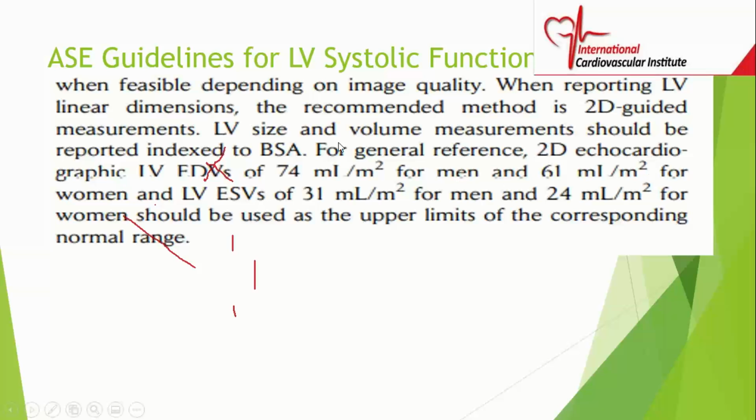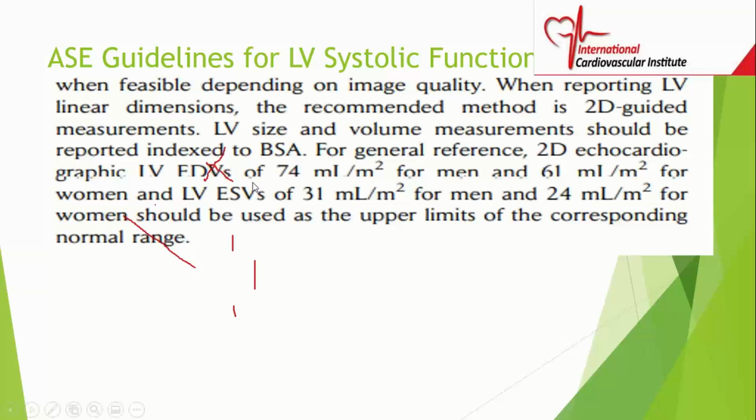The normal left ventricular end-diastolic volume for males is about 74 mLs per meter squared, and for females about 61 mLs per meter squared.